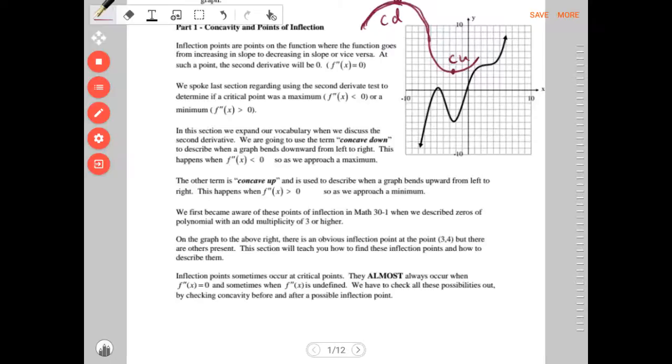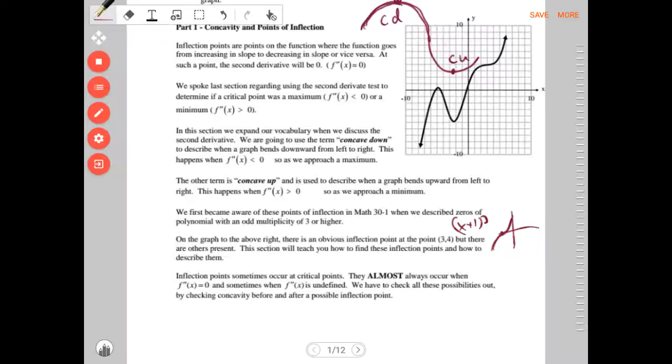We first became aware of inflection points in Math Theory 1 when we described the zeros of a polynomial with an odd multiplicity of 3 or higher. Remember we had stuff like x plus 1 cubed? The zero was at x equals negative 1, and the graph kind of did a little swoopy thing like that. So that's an inflection point.